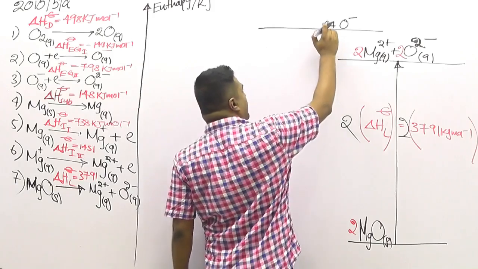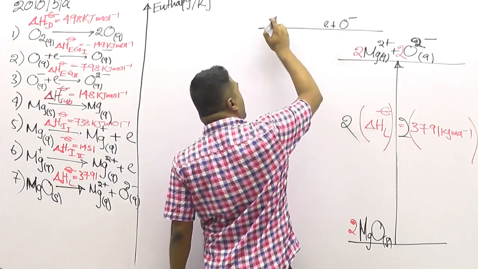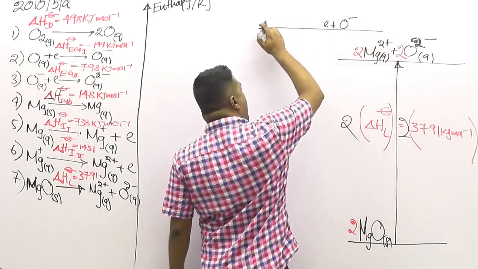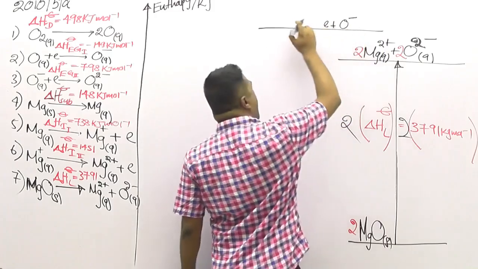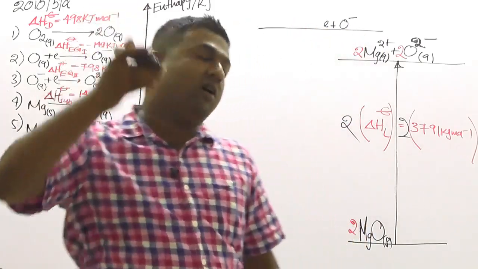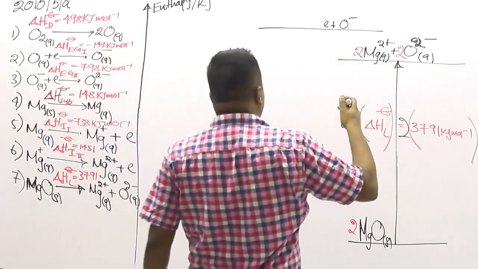Why did I mark the enthalpy level at this position, which is above this?